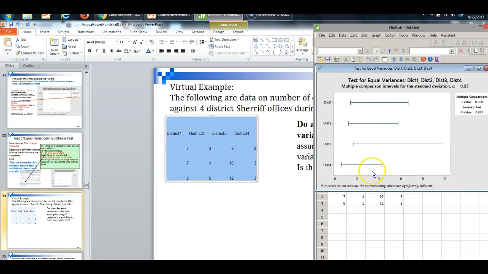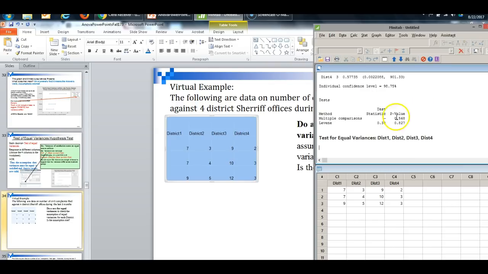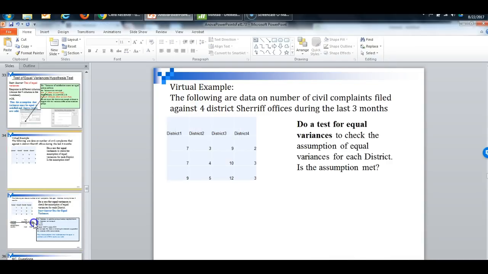Here we can see that all of these confidence intervals overlap. The p-value is 0.827. I don't want to keep the extra output. And here is my Levene statistic, 0.3, and my p-value is 0.82, which we'll be using in the hypothesis test that we're going to be doing in just a second.